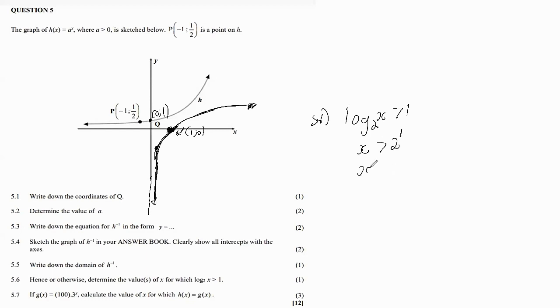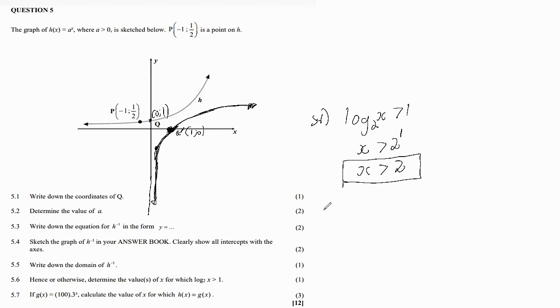So this becomes x greater than 2 to the exponent of 1, which is just 2. So x is greater than 2. That means this log graph will be above 1 if the x coordinates are above 2. That's all you needed to do. Your solution was just supposed to be x greater than 2.